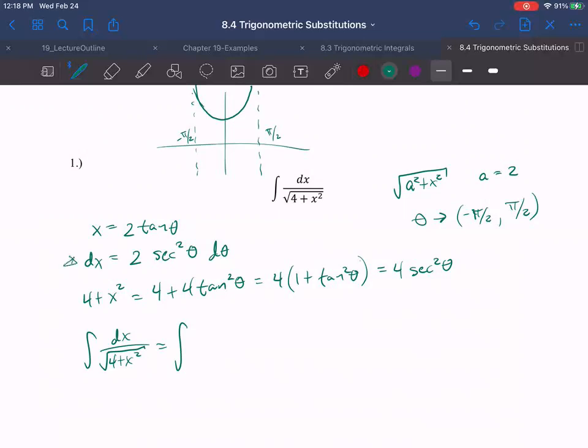That's from this. 2 secant squared theta d theta. And then we have 4 plus x squared, which we just said was equal to 4 times secant squared. So this is square root of 4 secant squared theta.